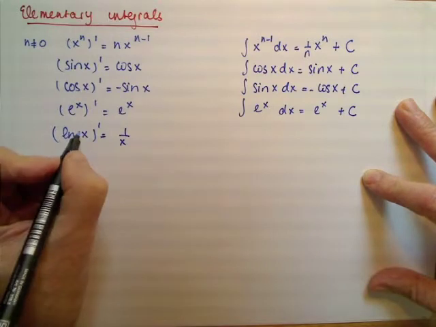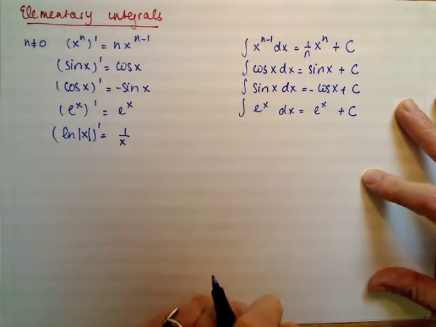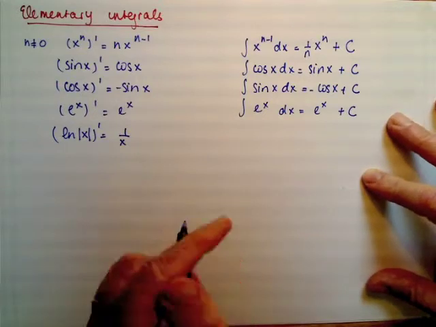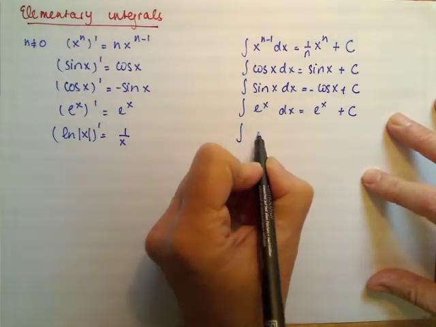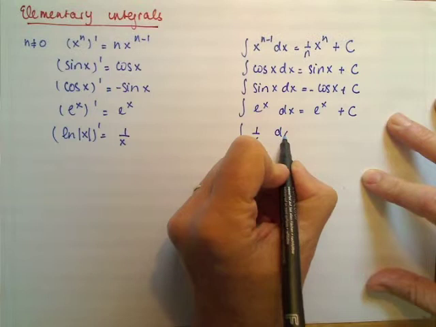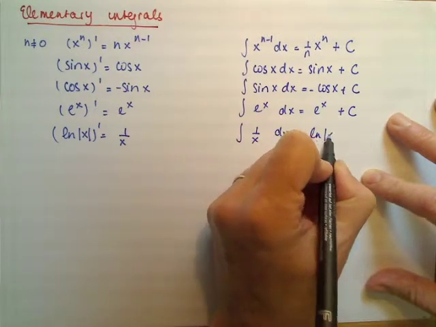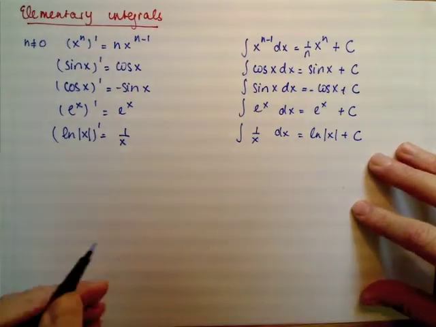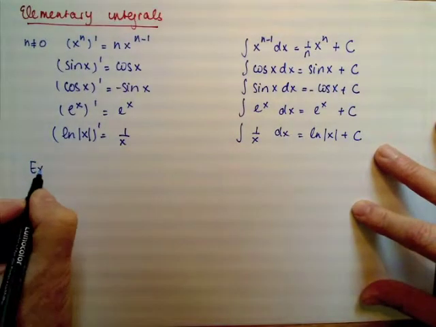The same happens if we take the logarithm of the absolute value of x. So if we integrate 1 over x, we get the natural logarithm of x in absolute value plus an arbitrary constant. So let us do a few examples.